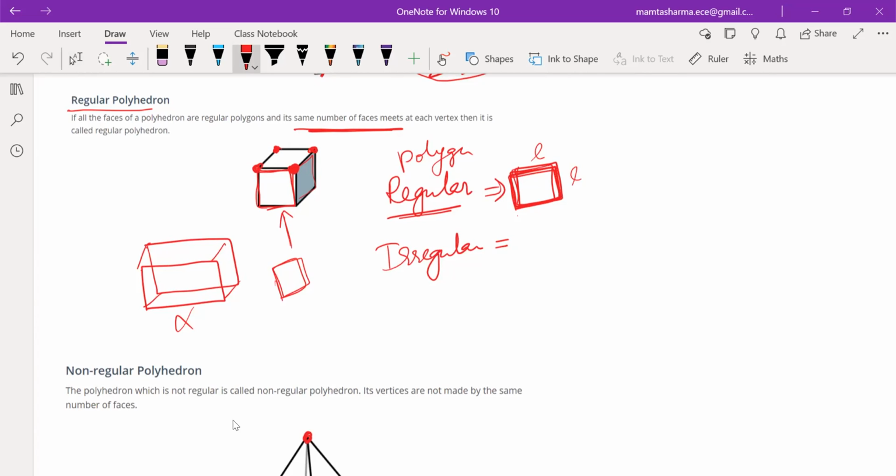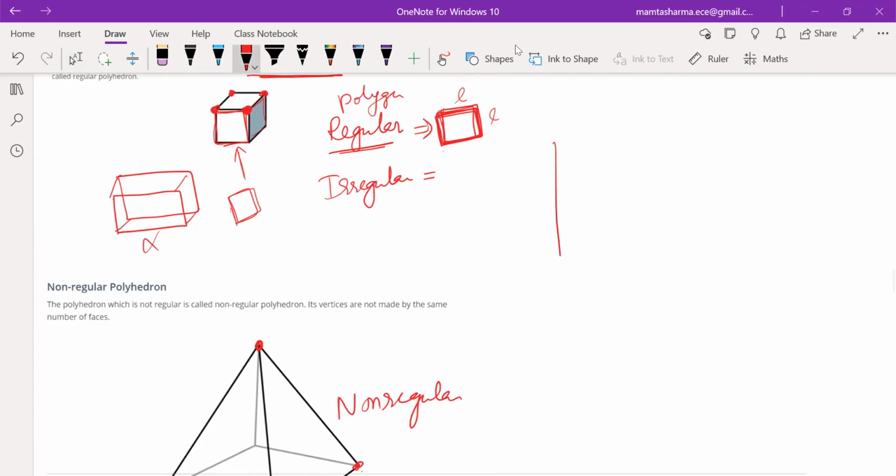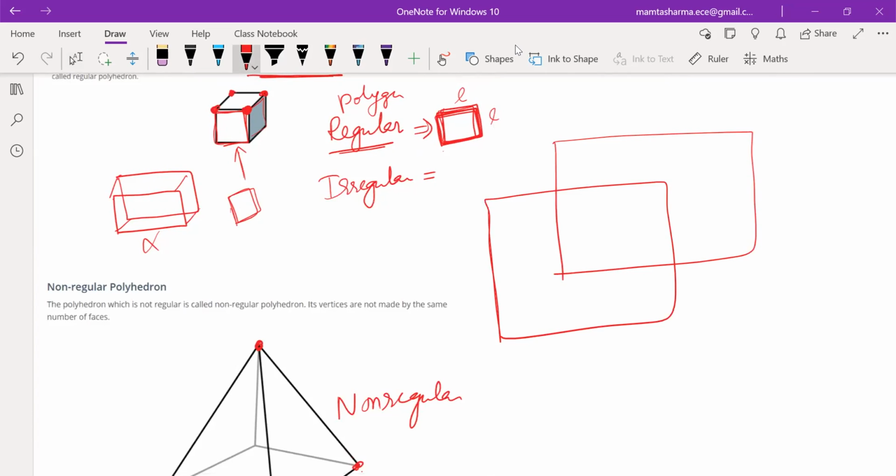Here 3 faces are meeting. See, this is a cube.